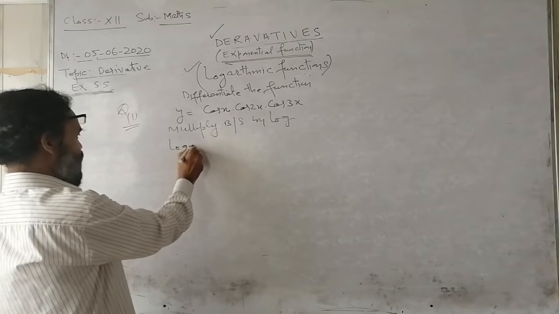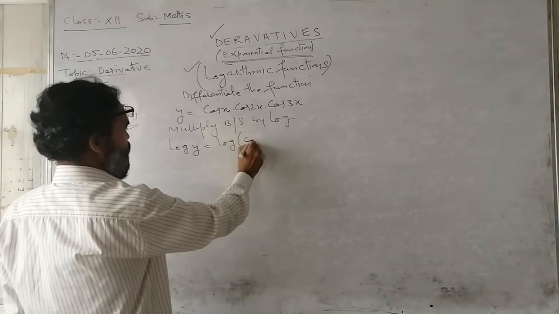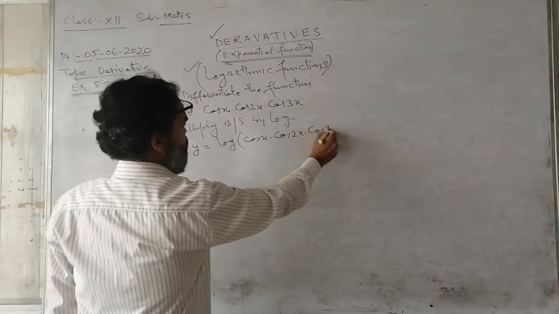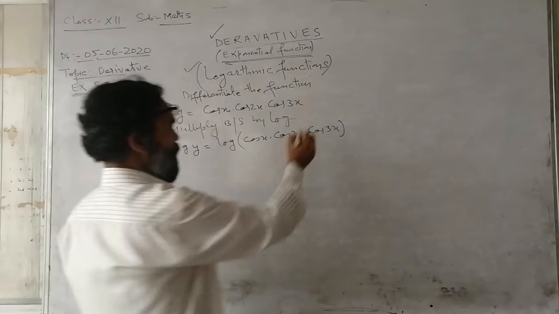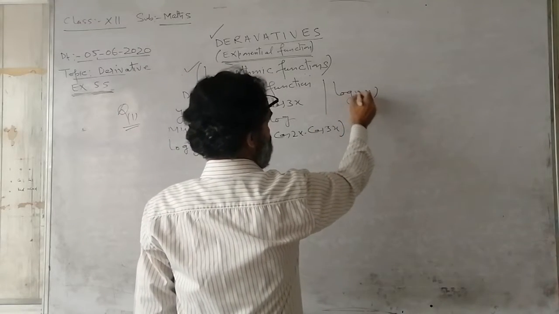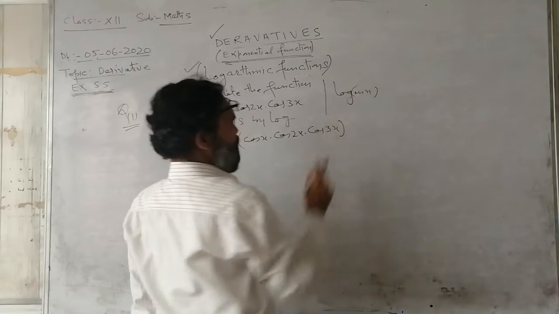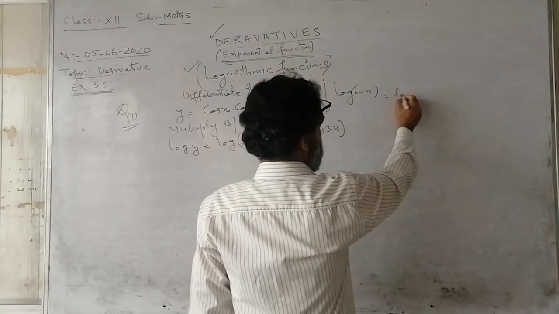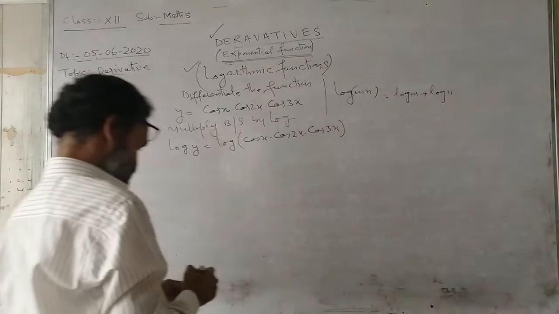So log of y equal to log of cos x cos 2x cos 3x. Now we have a formula of log m into n. So this you might have read in 10th, 9th class. So this is log of m plus log of n.